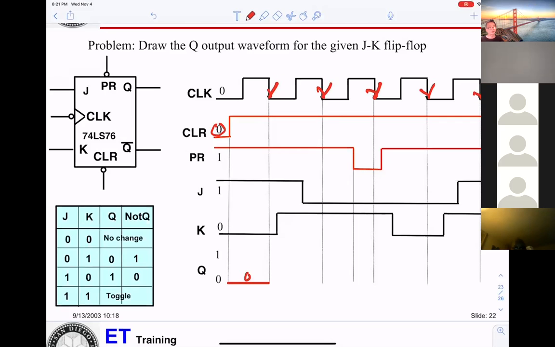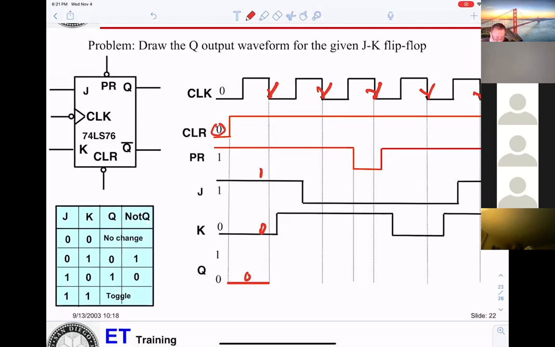And if you want to know Q, you must know what J equals and what K equals before the clock transition. Then you get J equals 1, K equals 0. You want to know Q, looking into the truth table.